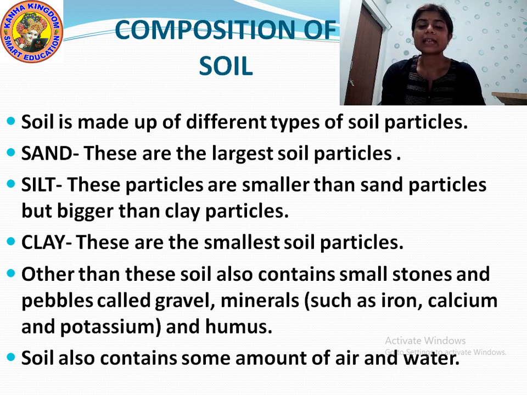Sand, silt and clay are all forms of the broken rocks by which the soil is formed. These are considered to be soil particles. Sand particles are the largest, which means they can include stones and pebbles also.